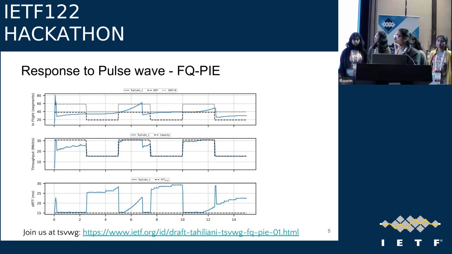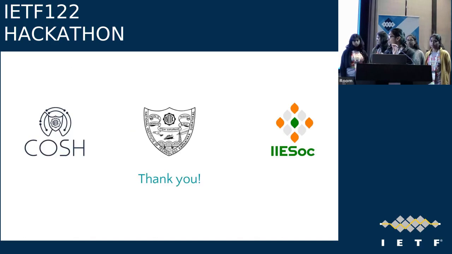It makes use of all the available capacity, and we get a throughput of up to 32 Mbps. So we have a lot more observations and analysis, so do reach out to us. And for more details about the FQ-PIE internet draft, do join us at the TSVWG working group on Wednesday. Yeah, that's it from our side. Thank you.